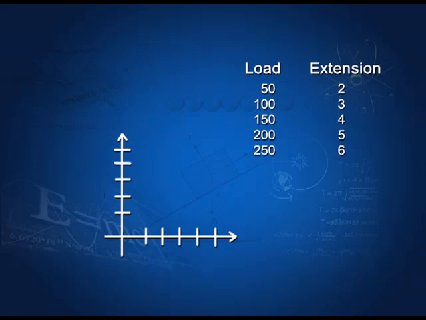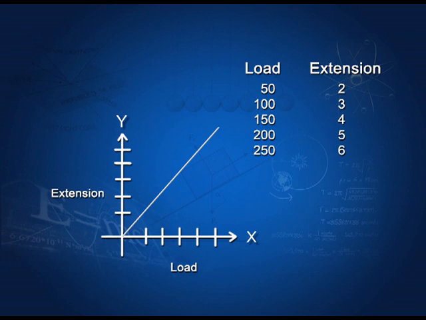If we were to plot a graph of load and extension, what do you think it will look like? So, let us put load on the x axis and extension on the y, and if you plot this, say 50, 100, 150, 200, 250 and corresponding extensions of 2, 3, 4, 5, 6, you will get a straight line.